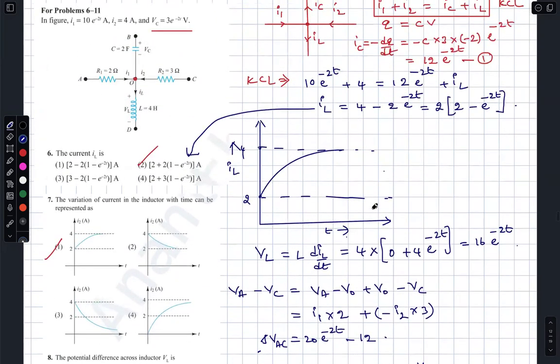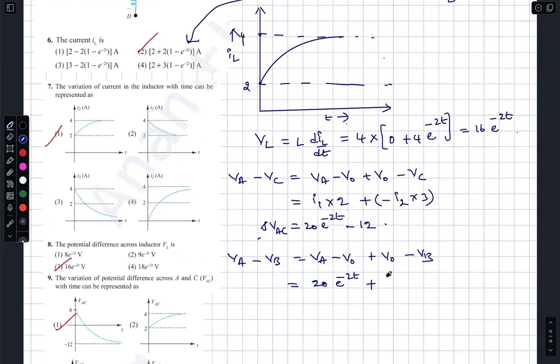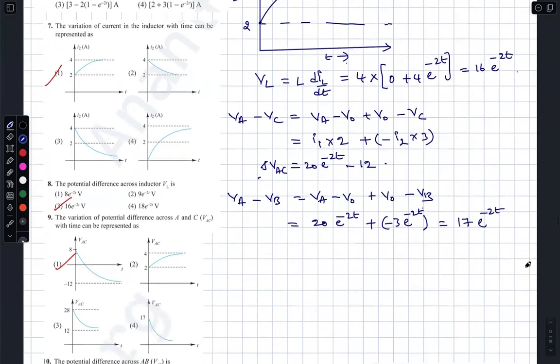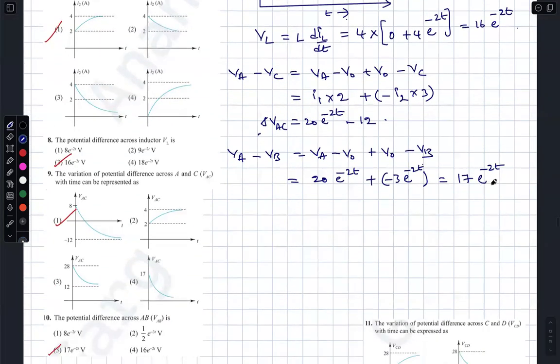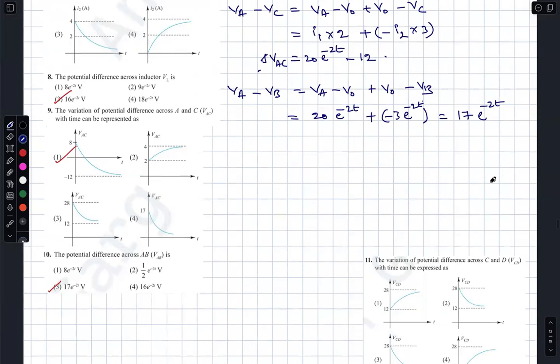If it is VB minus VO, I would have written 3 into e power minus 2t. 17 into e power minus 2t. That's all. I got it. That's what they have asked here. And again, CD.